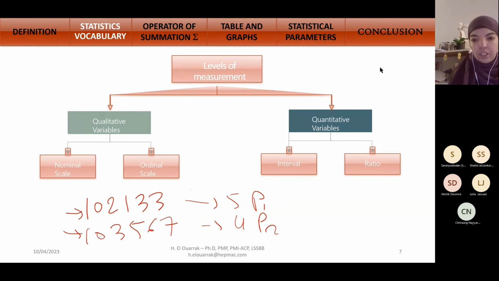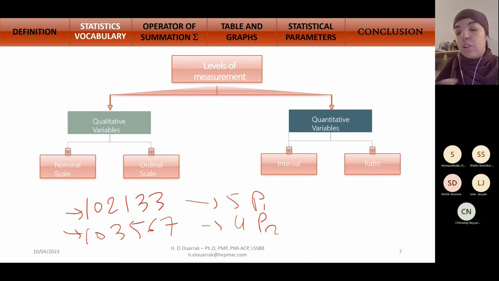Okay, any questions before moving to quantitative variables? So quantitative variables are the variables that we're used to. It's the usual numbers that we collect, summarize, and organize.